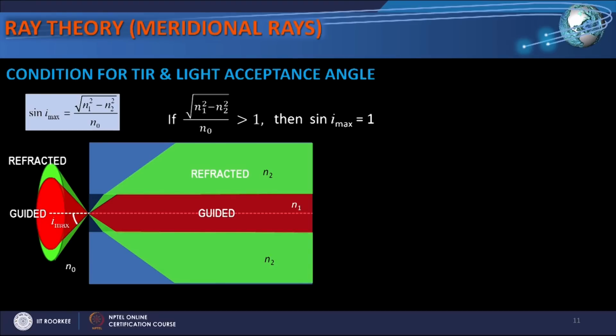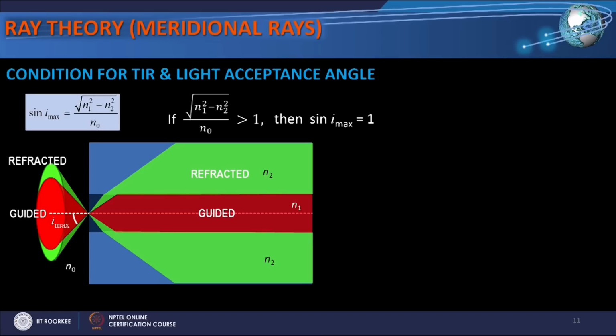So, now if I launch a cone of light into the fiber, then all the light which lies in the cone of semi-vertical angle i max will be guided through the core of the fiber, and the light which makes angles larger than i max would be refracted.